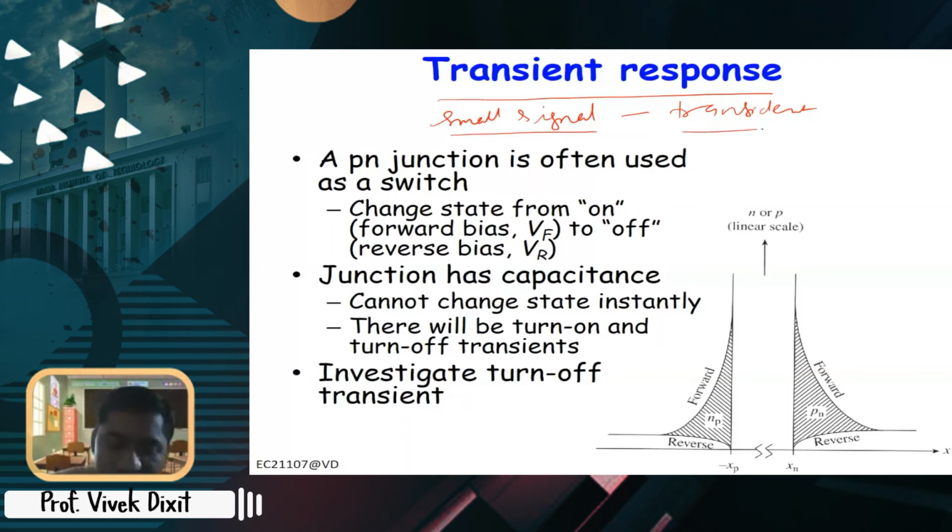Now transient is usually a large change from positive to negative. And this is usually used where you consider different states, the on state and the off state.